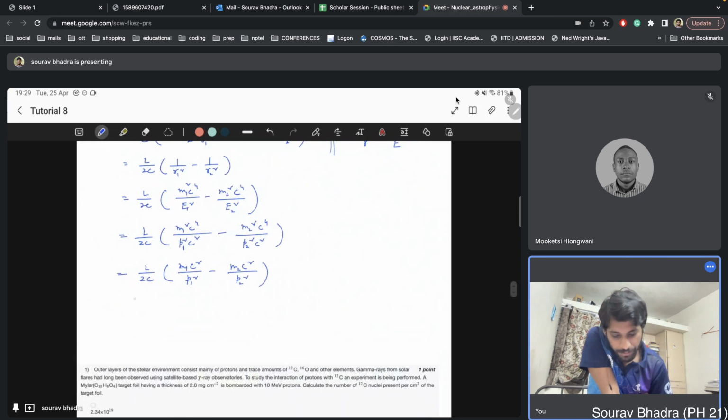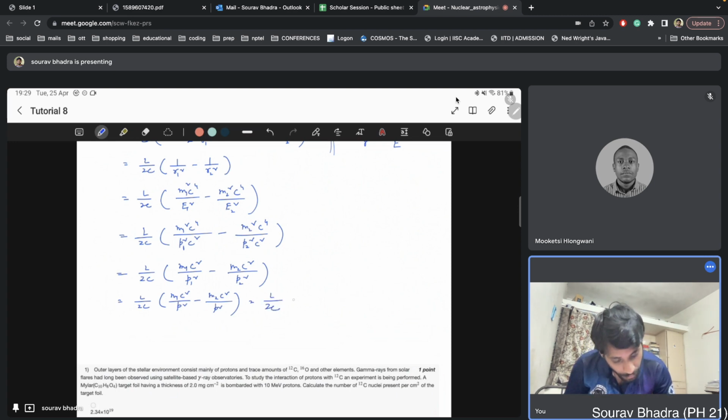So if we put that, L by 2c, m1 c square by p square minus m2 c square by p square, that means L by 2c, we can take p square common, that will be (m1 minus m2) c square by p square.